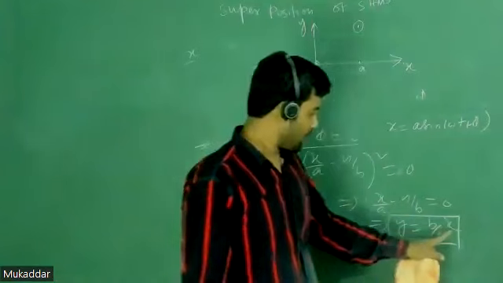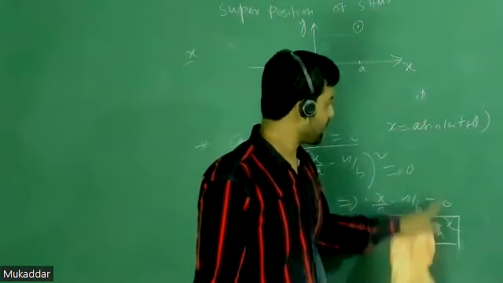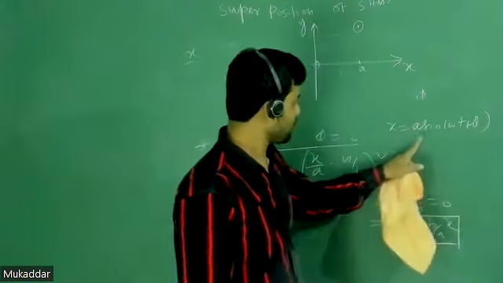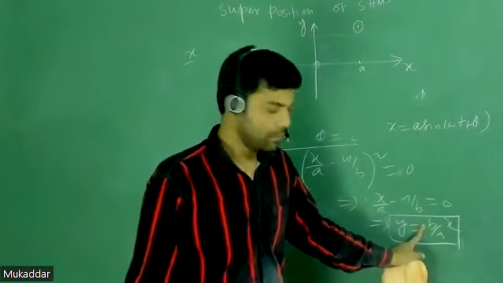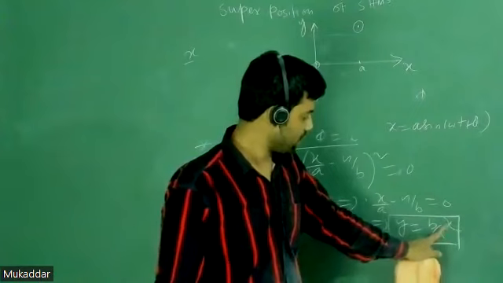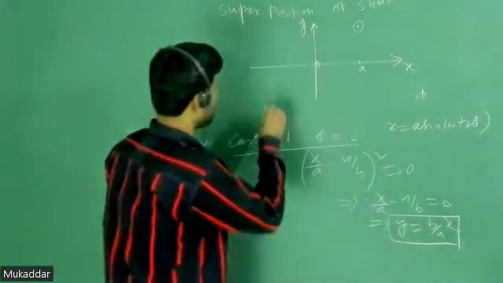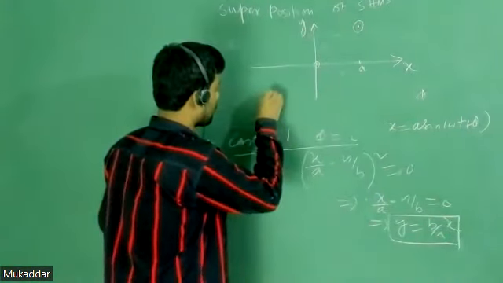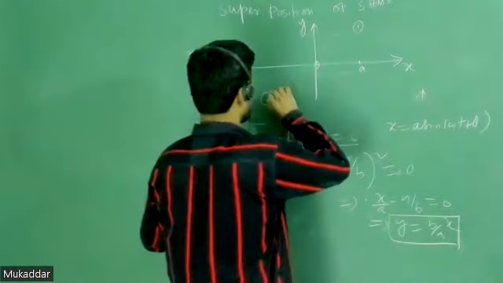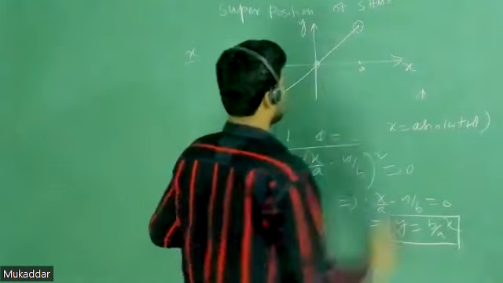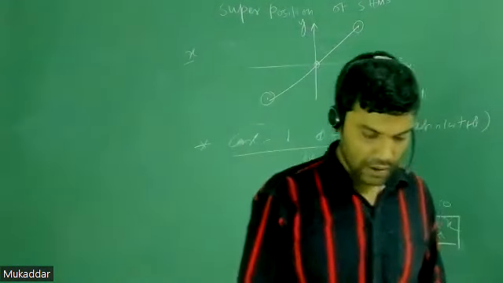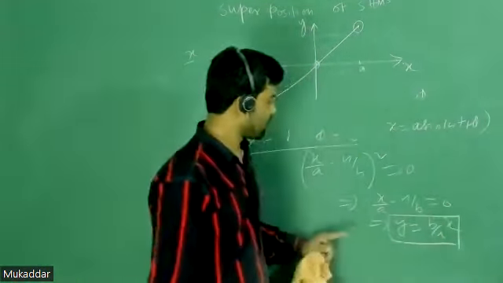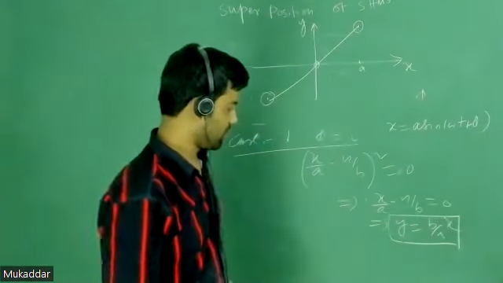Now minimum x will be minus a, right? So when x is minus a, y will be minus b. So this kind of trajectory will be followed by the particle. If you place a particle in two perpendicular SHMs with the same phase, the trajectory will be this kind of line.